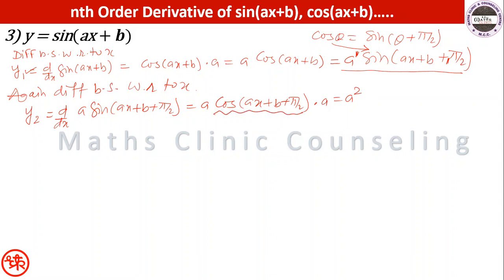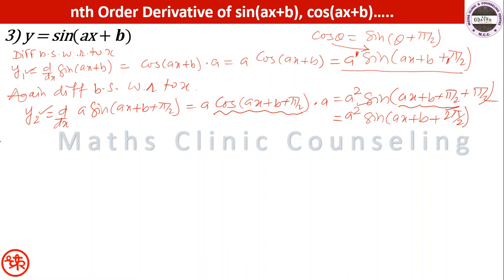Again cos theta is sin(theta plus pi by 2), so that is sin(ax+b plus pi by 2 plus pi by 2). This is theta. So that is equal to a square sin(ax+b plus 2 times pi by 2). Look here, the power is 2 and the multiple is also 2.